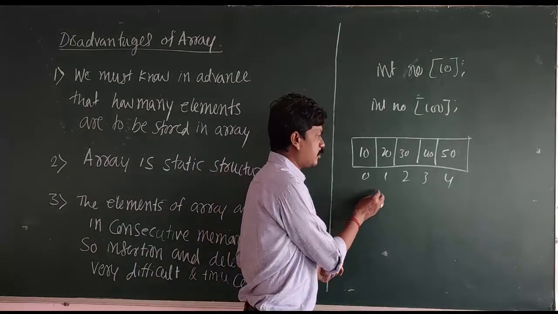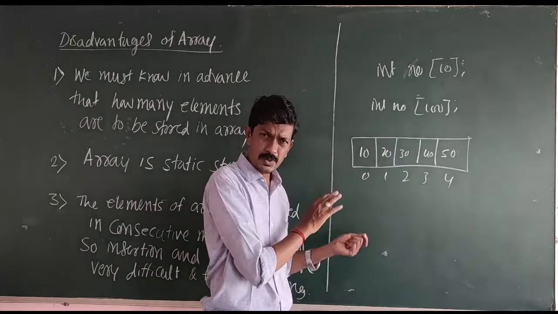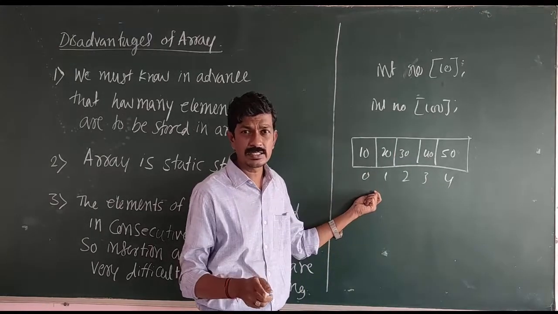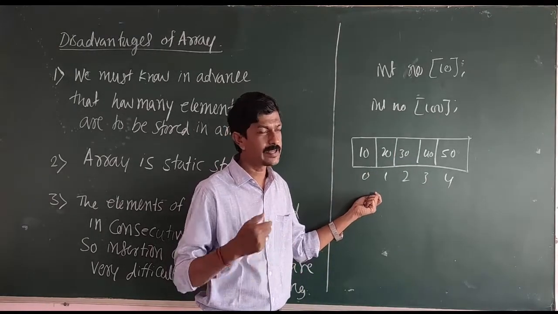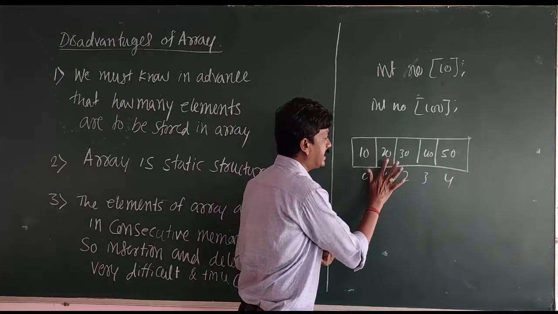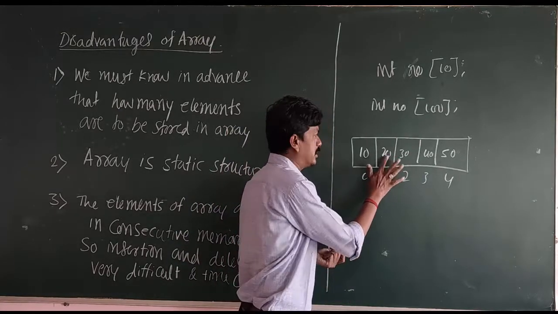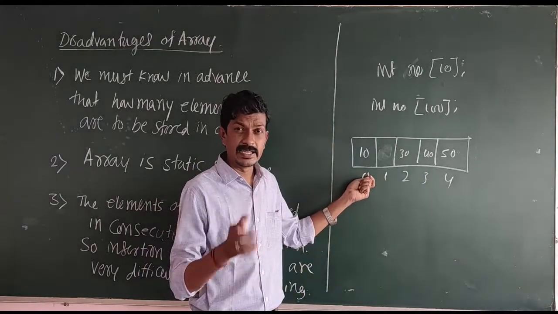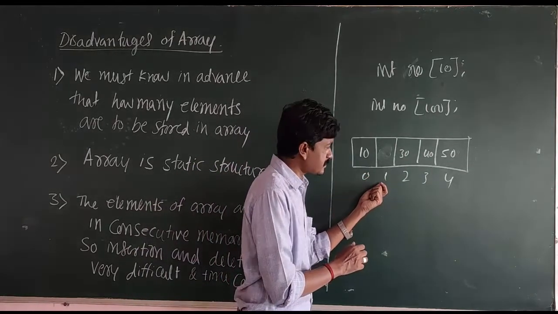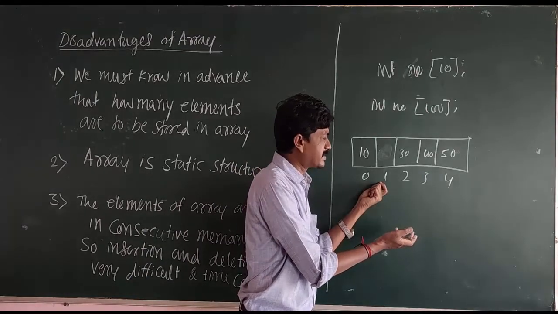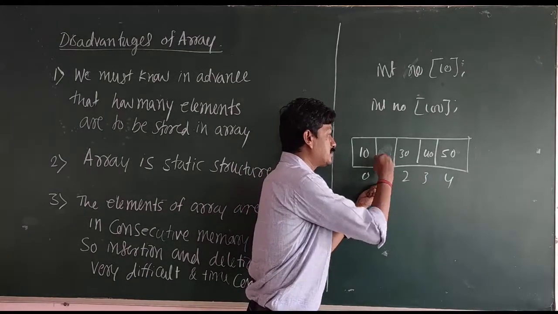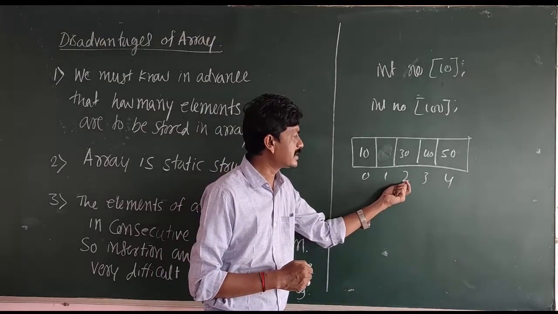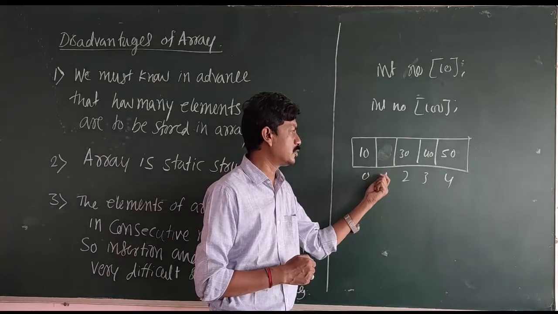If you want to perform insertion and deletion operations on a given array, it is difficult and time consuming. Why? If you want to delete the element located at index 1, which is the element 20, then the subsequent elements have to be shifted to their previous index.